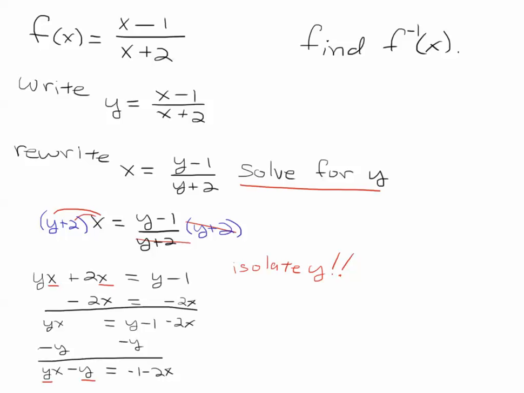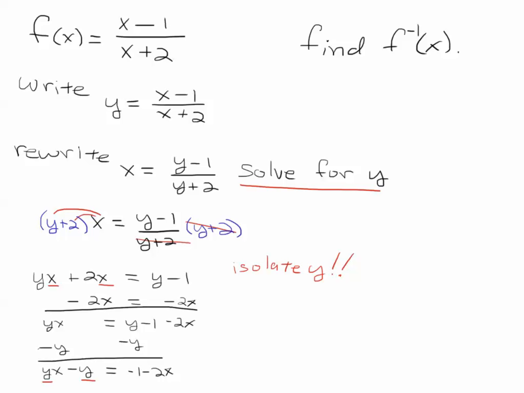I subtract 2x from both sides, and that isolates the yx on the left-hand side, and then I subtract y from both sides, and I end up with yx minus y on the left-hand side and a minus 1 minus 2x on the right-hand side. So in other words, I have all the expressions involving y on the left-hand side and everything else, not including y, on the right-hand side.